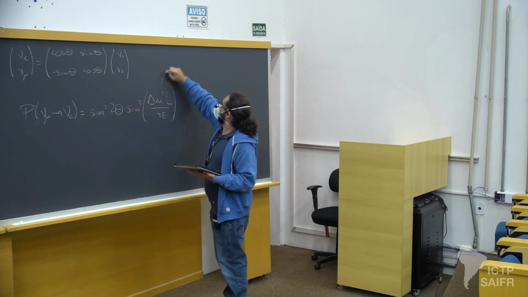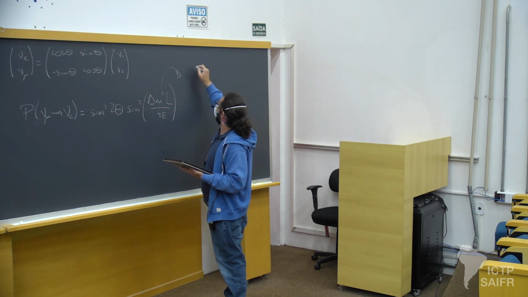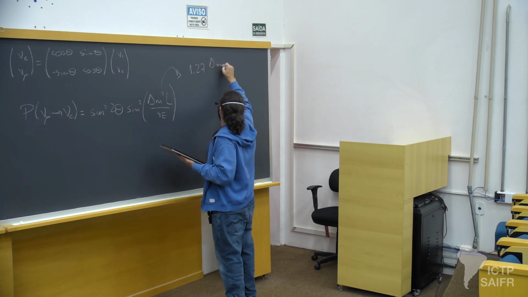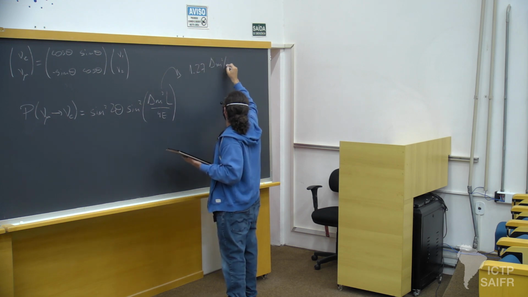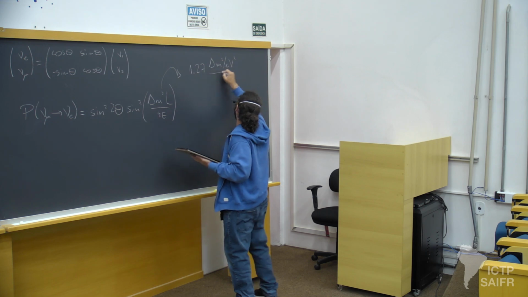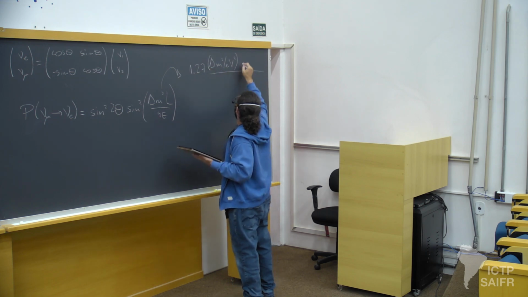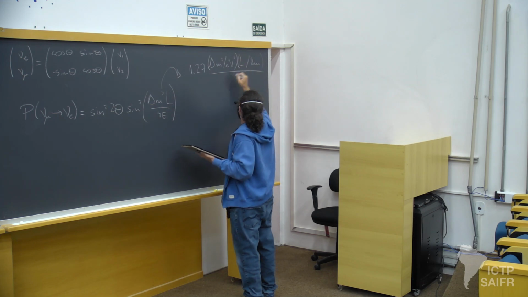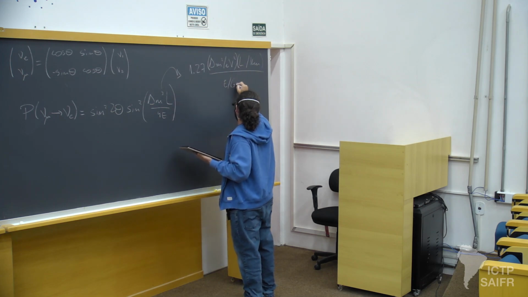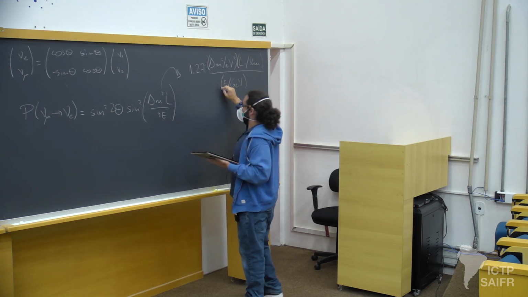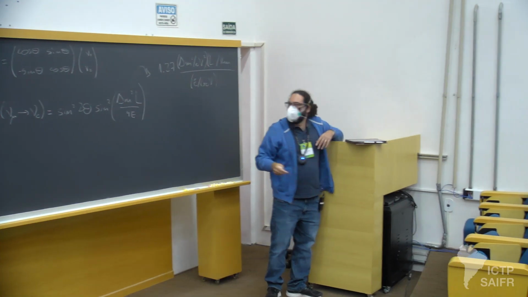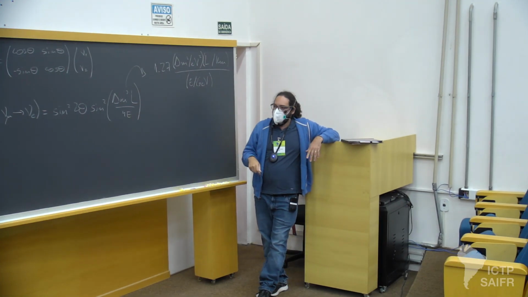So we can write this as 1.27 delta m squared in eV squared, distance in kilometers, and the energy in GeV. If we just plug in numbers, it comes out like that. So let's take a second to understand what this means.